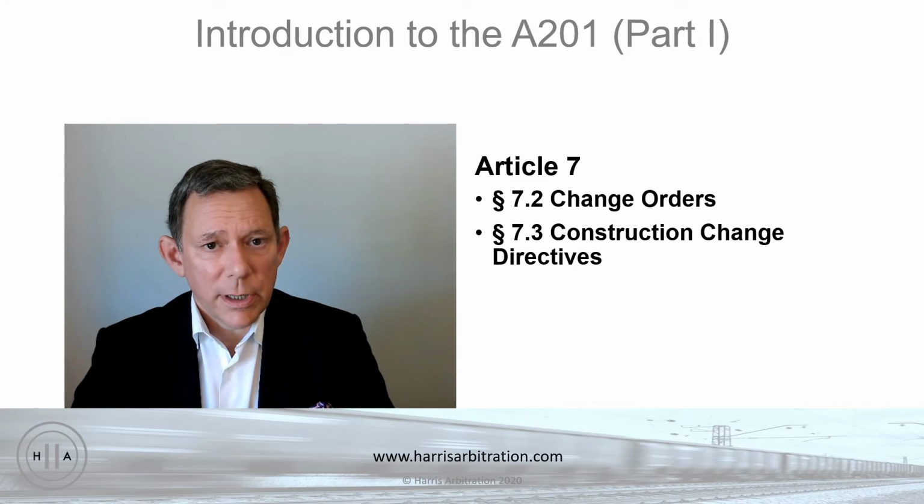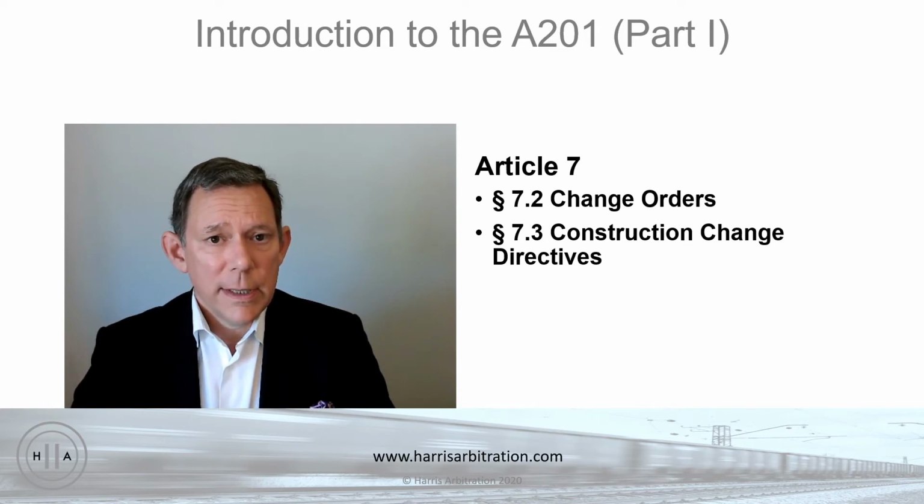But in addition, I also mentioned that the A101 contemplates that there may well be changes in the work as the work progresses, so that contract sum might go up or down. The process for doing that can take a couple of forms. One is change orders, which are what we would in first-year contracts refer to as modifications to the contract.